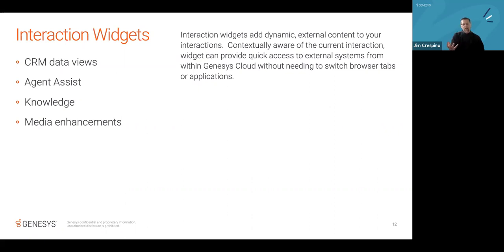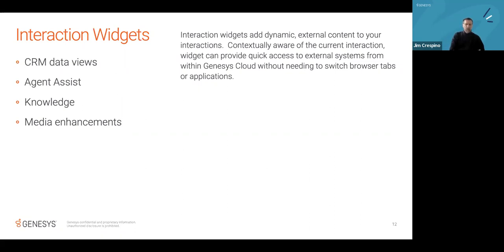And having interaction widgets embedded in the UI alleviates a lot of context switching, for one, so agents don't have to switch different applications. They don't have to switch browser tabs. They don't have to switch windows on their desktop. It's all right there within Genesys Cloud, so they can stay in the UI and reach out to those third-party systems through a pane of glass, if you will, an embedded web app that is doing stuff on those external systems.